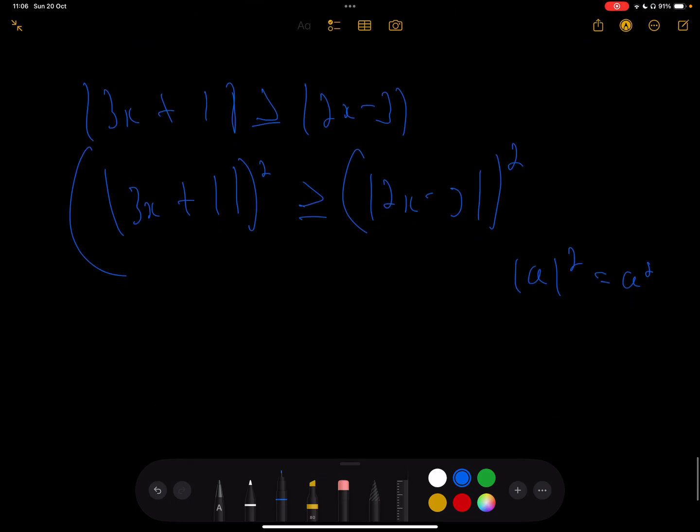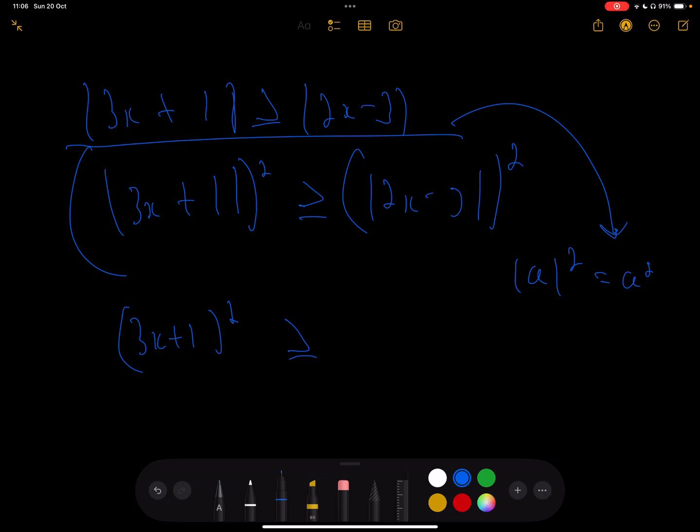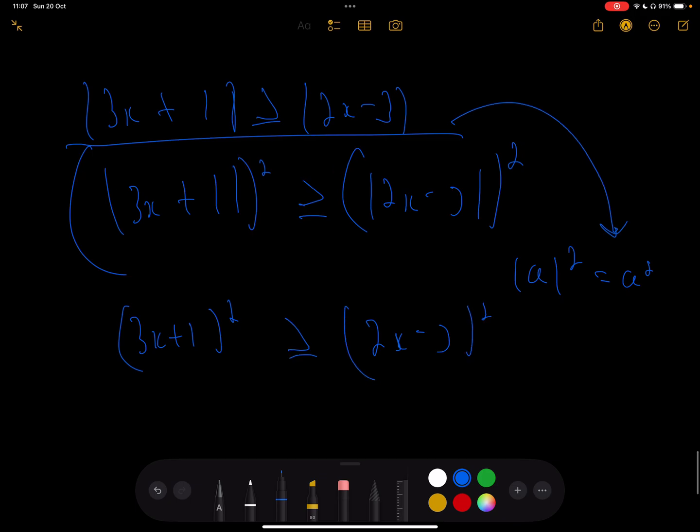So we can do the same here. We're just applying this rule. So what would we get? Well, we would get 3x plus 1 squared. Now we got rid of the modulus signs, haven't we? Because you squared a modulus of a number to get just the number squared. So that's what I meant by that rule is going to be extremely important.